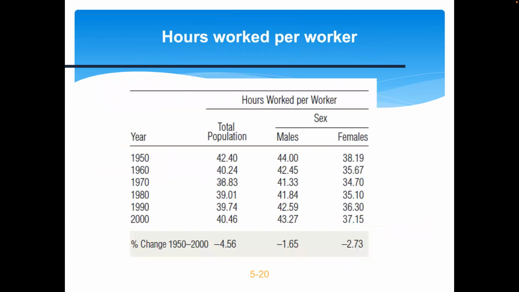Now, if we look at it here, first look at hours per worker. It seems there isn't much difference, both in terms of looking at the same year and looking over time. Over time, the change is very, very small.